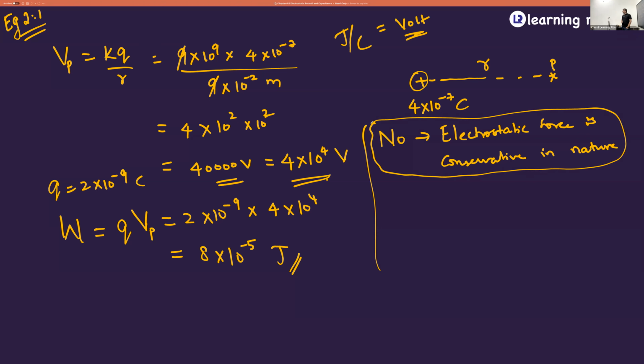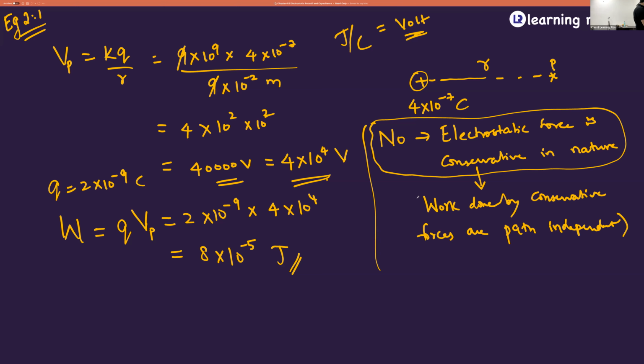Like how gravitational force is conservative, electrostatic force is conservative, and work done by conservative forces is path independent. It does not depend on the path along which you move the objects.